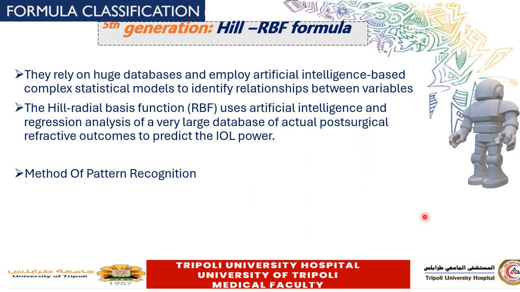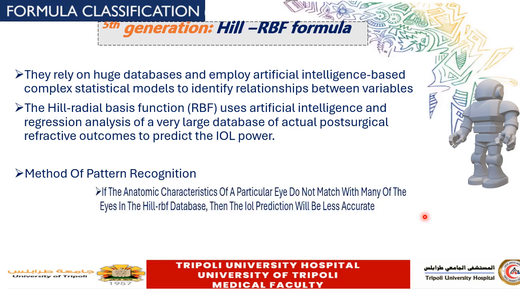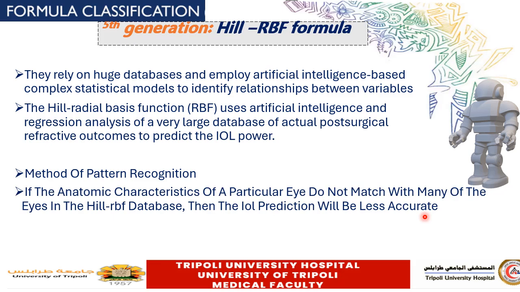So the RBF formula utilizes this neural network for this purpose, and the system is fed by a large database and huge statistical variables. Based on artificial intelligence, the system will determine the relation between these statistical variables and make a special pattern for these variables. And when we expose the system to any source of data, it will try to compare this data with the pattern stored in the system.